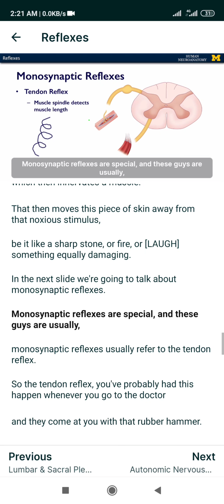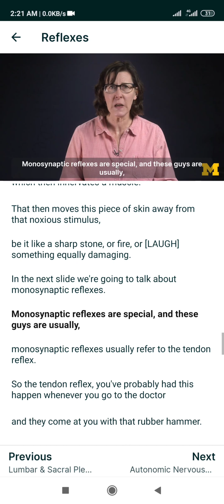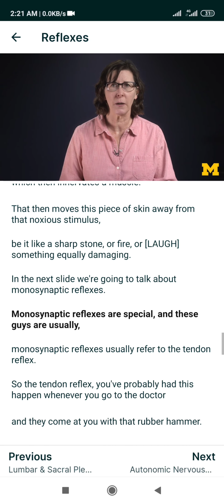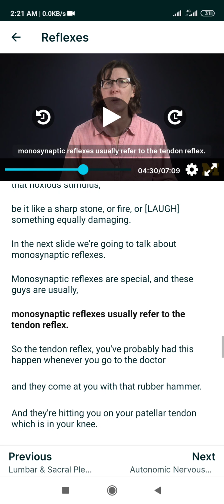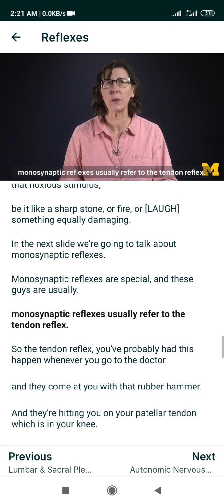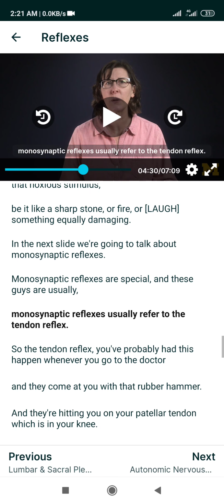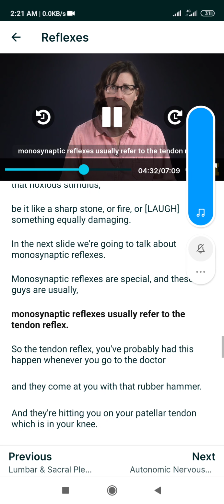Monosynaptic reflexes are special, and these usually refer to the tendon reflex.